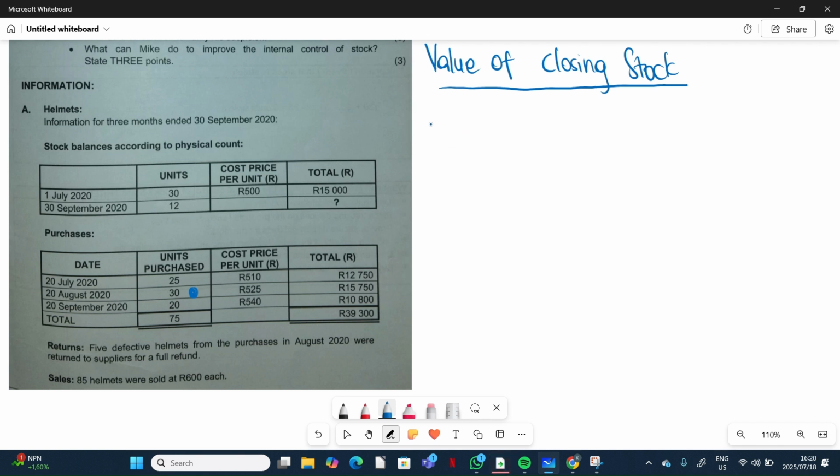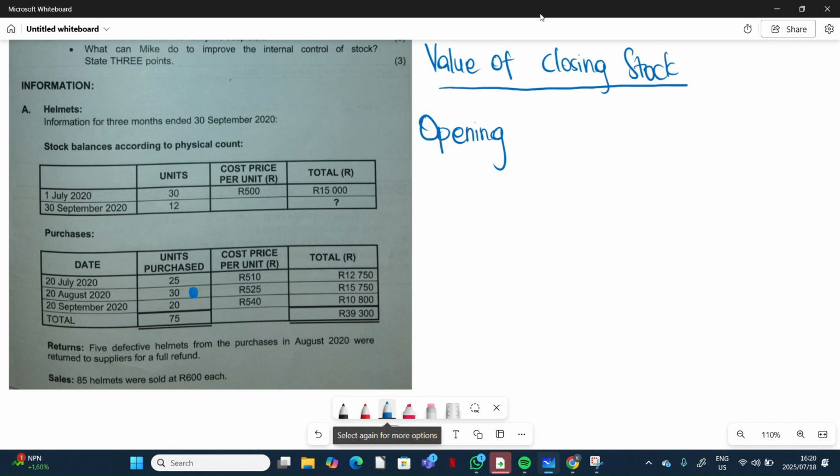Remember the formula. By the way, this is a weighted average question. It was said in point 3 in the question that it's the weighted average method. So we're going to be using the weighted average method. FIFO we're done, now we're going to the weighted average.